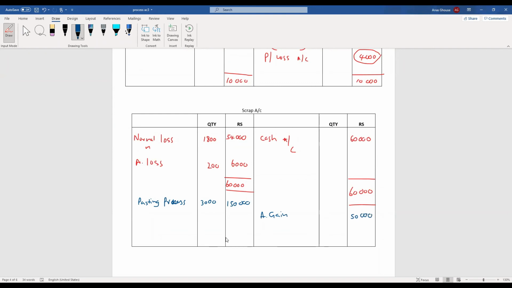So therefore, out of 150,000, we can realize only 100,000.